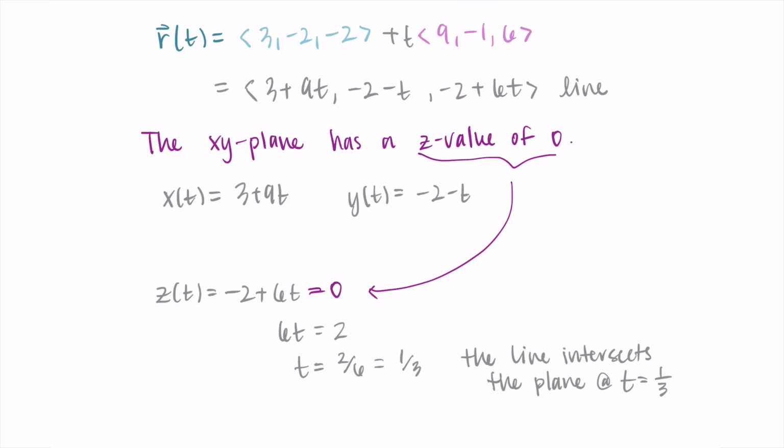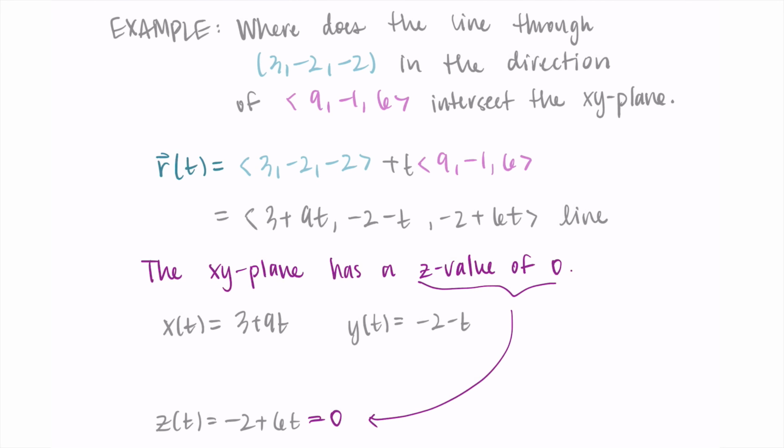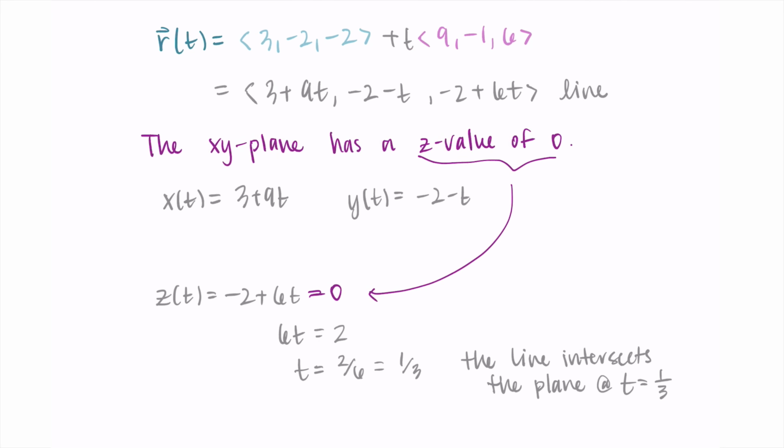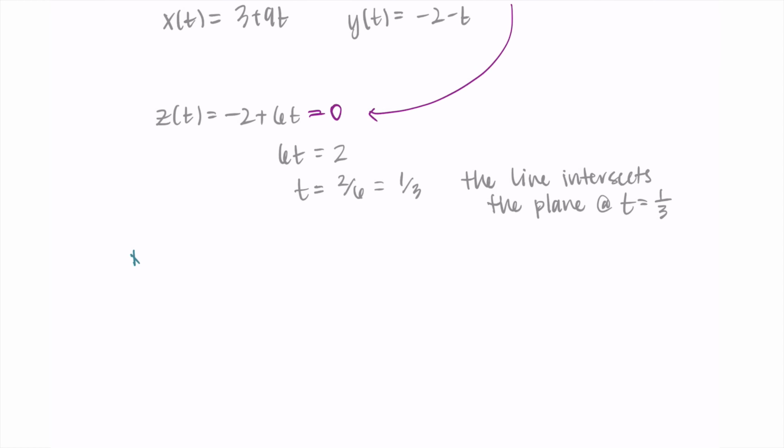So to wrap this up, I know the t value, but I want the location where they're intersecting. It says where does the line intersect? So we're going to want an x, y, and z point. So we have the z point at 0, but now we need to find the x, y values. So what I do is I substitute in 1/3 into my parametric equations for x and for y.